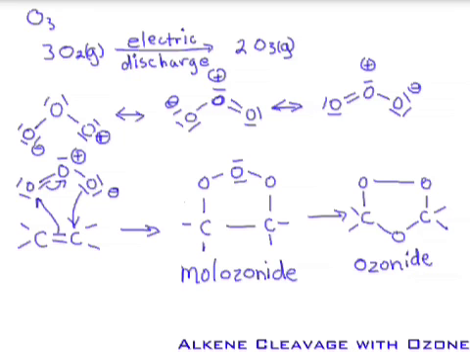Effectively, ozone allows us to do exactly what permanganate does to a double bond. So that if I had an alkene like this, where the double bond was, I split it.